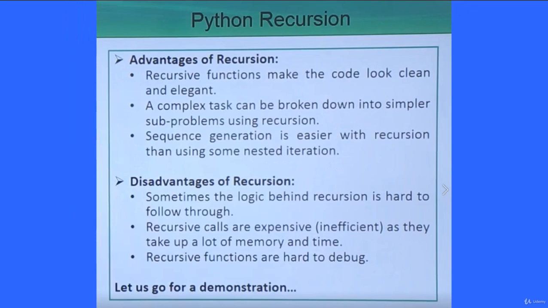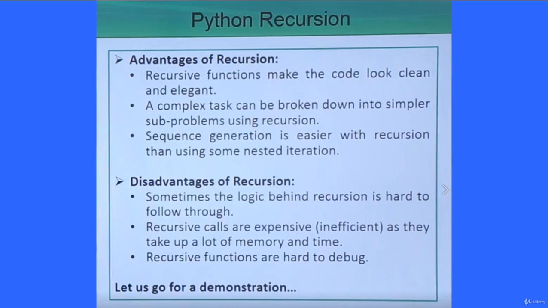So, advantages of recursion. Recursive functions make the code look clean and elegant. We know that in our data structure course, we had two algorithms for the Towers of Hanoi problem, and in the recursive algorithm, we wrote only 4 to 5 statements, but in the non-recursive algorithm, we had to write one page full of code. So the recursive algorithms are very easy to write.